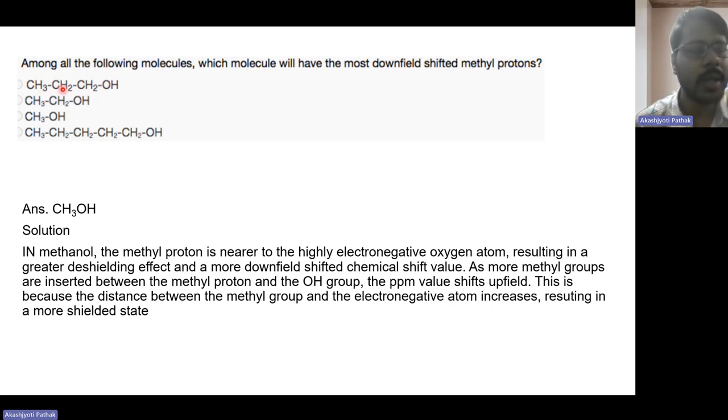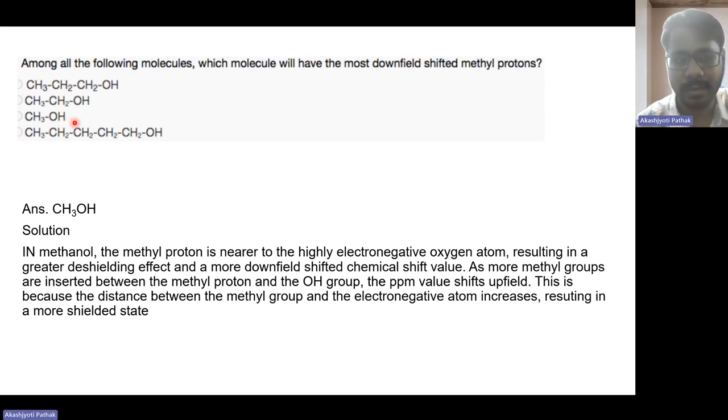Then as we decrease the number of CH2 groups, you see this CH3 is coming closer to the electronegative group. So in this third option, methanol, CH3OH, you see that this proton is in very close contact to the electronegative oxygen atom, and so it will be in a very deshielded state.